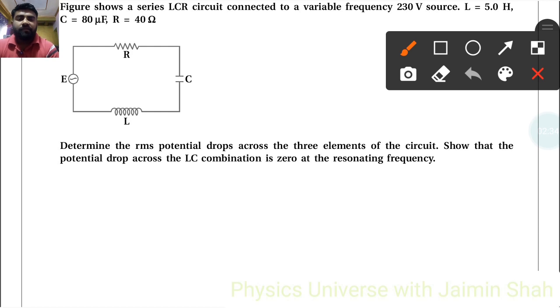Now the next question is to determine the RMS potential drop across the three elements of the circuit, and show that the potential drop across the LC combination is 0 at the resonating frequency.